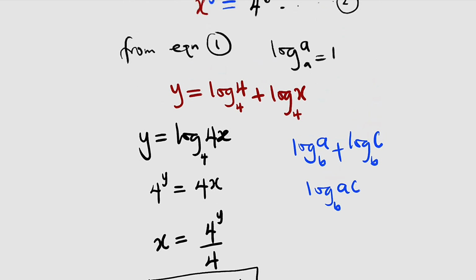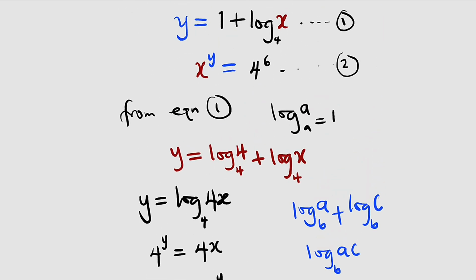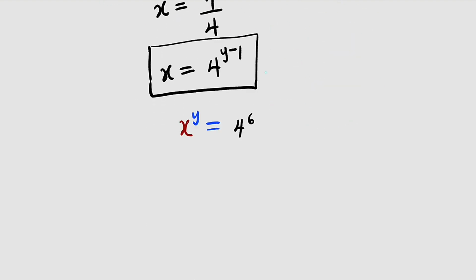Now let us take the second equation, x to the power of y equal to 4 to the power of 6. But we have already seen that x is equal to 4 to the power of y minus 1, so we can substitute it here. Instead of x to the power of y, we have 4 raised to the power of y minus 1, also raised to the power of y, and this is equal to 4 to the power of 6.